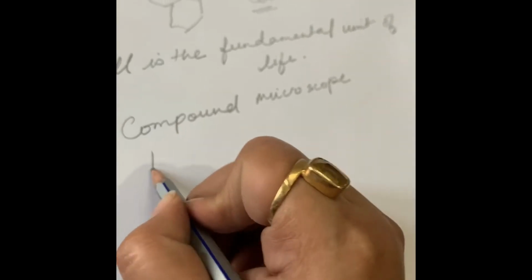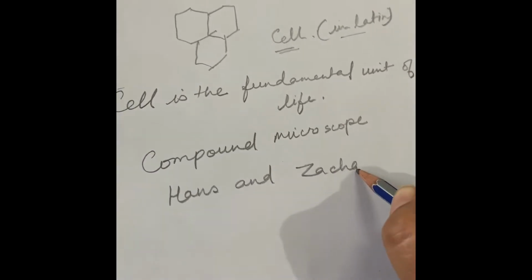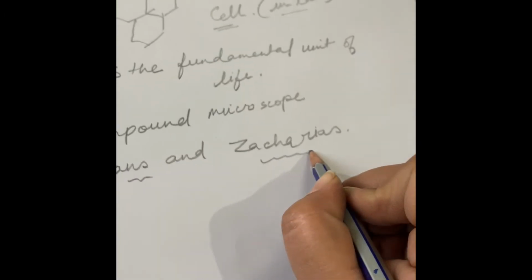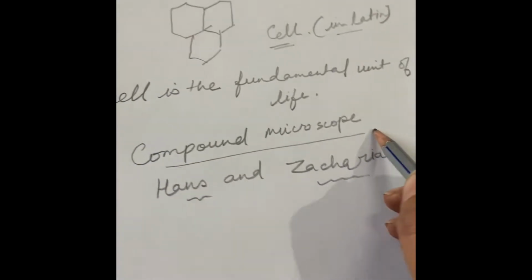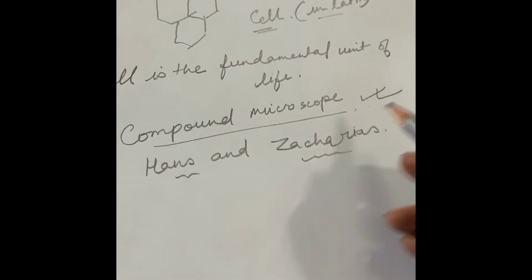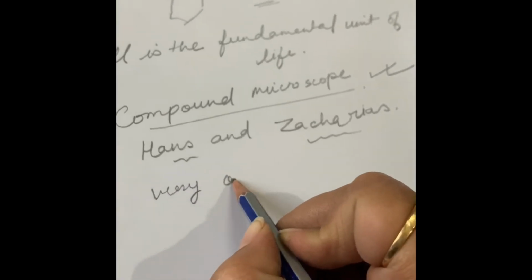Their names were Hans and Zacharias. These two scientists developed the compound microscope. Under this compound microscope, they observed very small organisms.